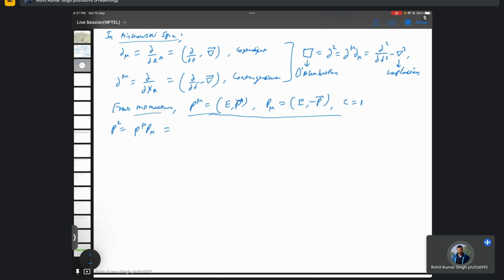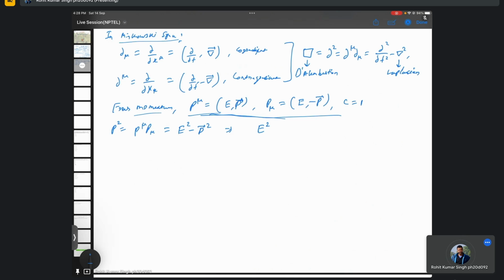If you take the dot product of these two vectors, you will get E square minus p square, right?